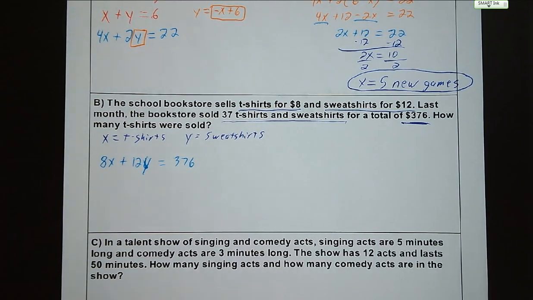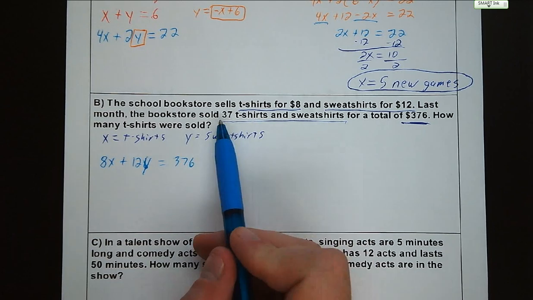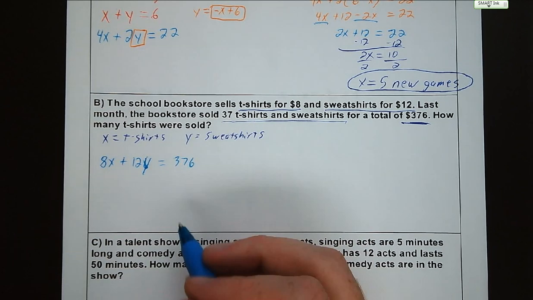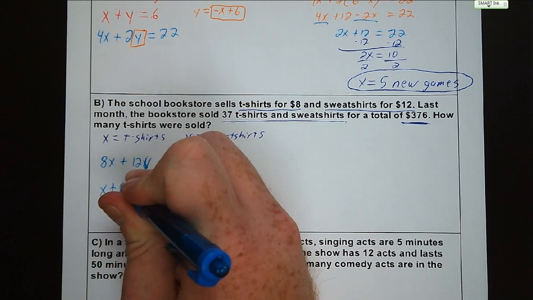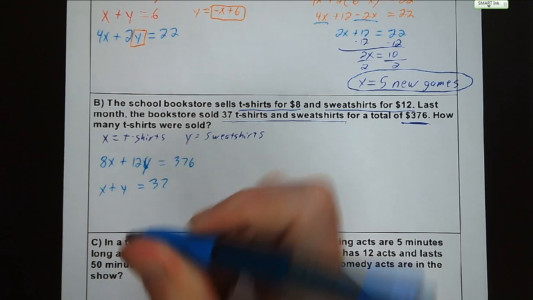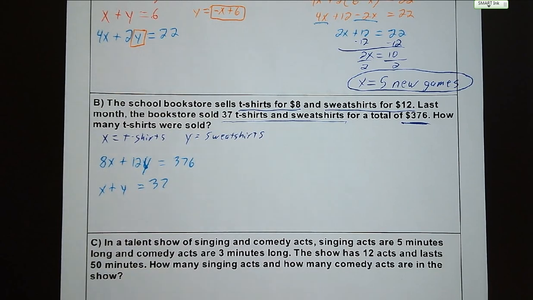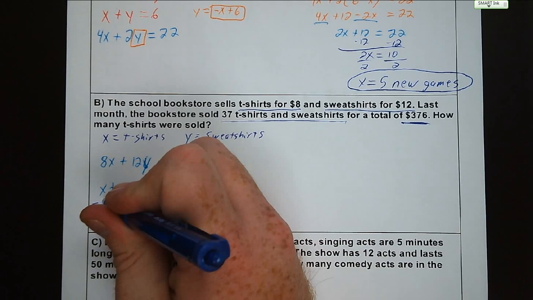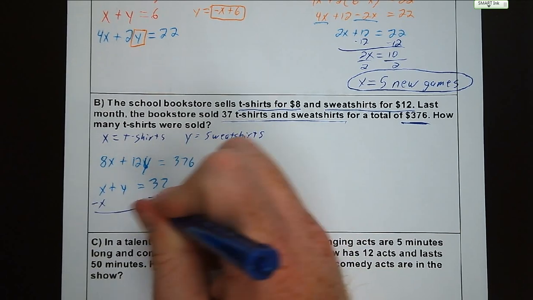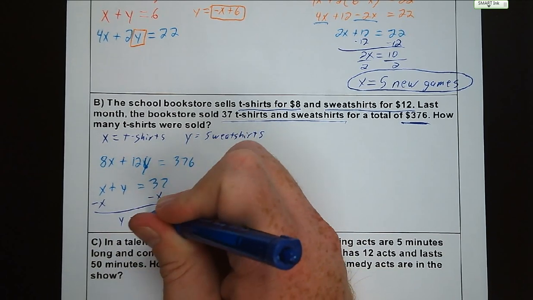My second equation is I know I sold a total of 37 items. So X plus Y equals 37. Those are my two equations. Now, that second one I can solve pretty easily for one of my two variables. So I'm going to, again, subtract X from both sides, and Y is equal to negative X plus 37.